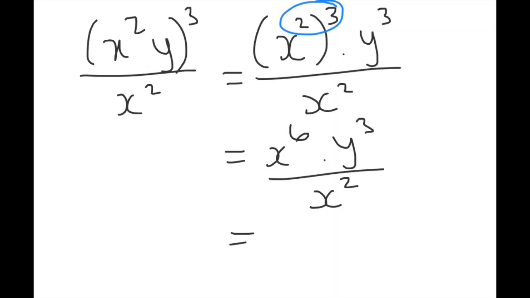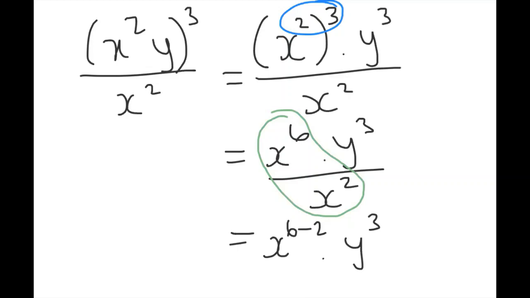Now, you have x^6 and x squared, so you get x to the power 6 minus 2, and the y is just y^3. The x is 6 minus 2, which equals 4. So the answer is x^4 times y^3. That is how you simplify it.